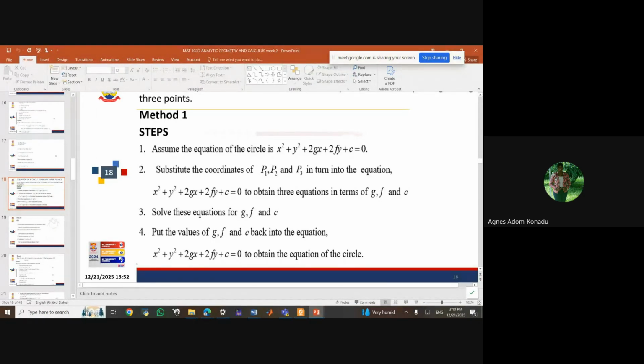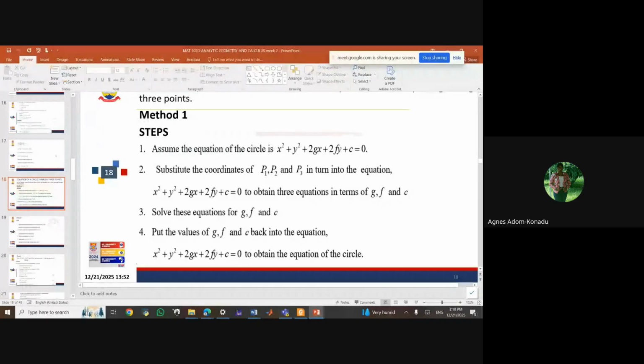You substitute P3, the third point, you simplify, you call it equation 3. Then you will get 3 equations with 3 unknown values, G, F, and C.